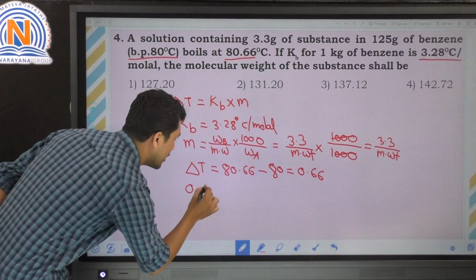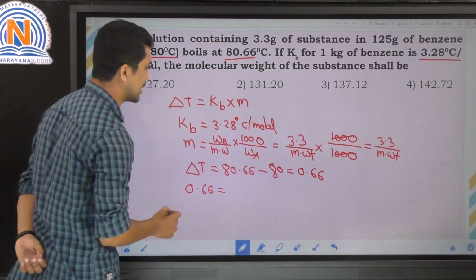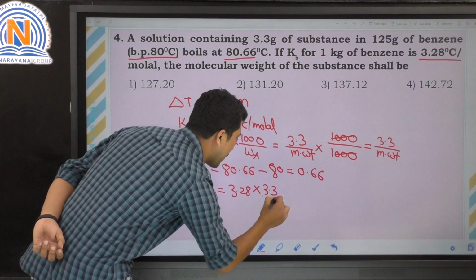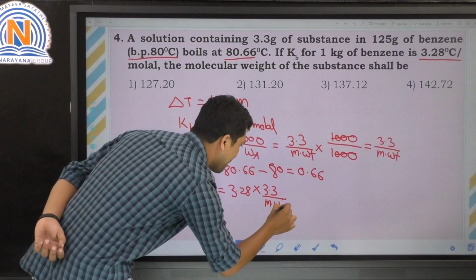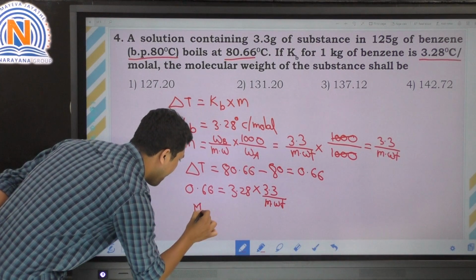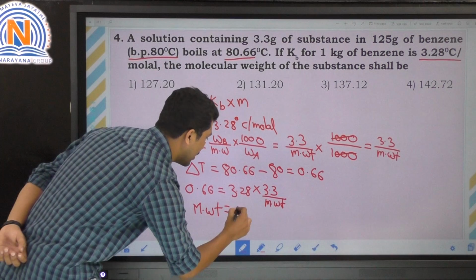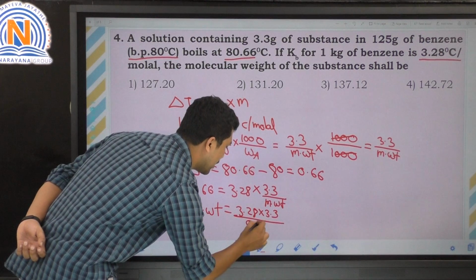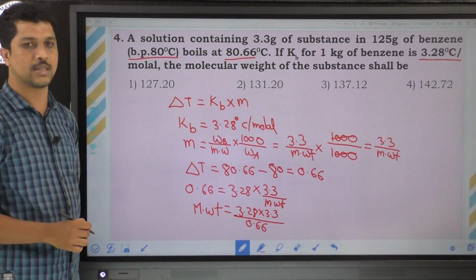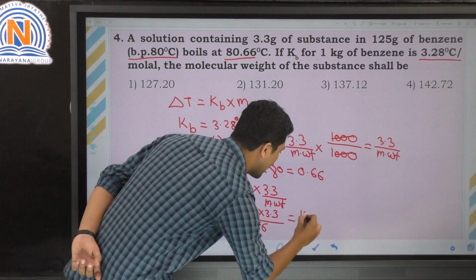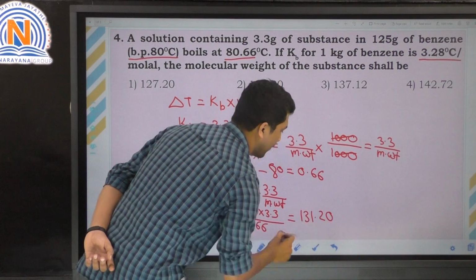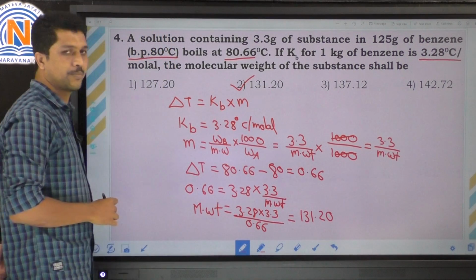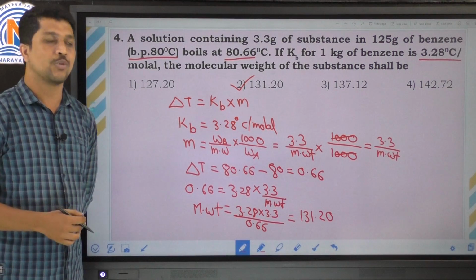So 0.66 equals 3.28 into 3.3 by molecular weight. So the molecular weight equals 3.28 into 3.3 by 0.66. If we do the math, we will get around 131.20. So the correct option is the second option. Clear? Let's move on to the next question.